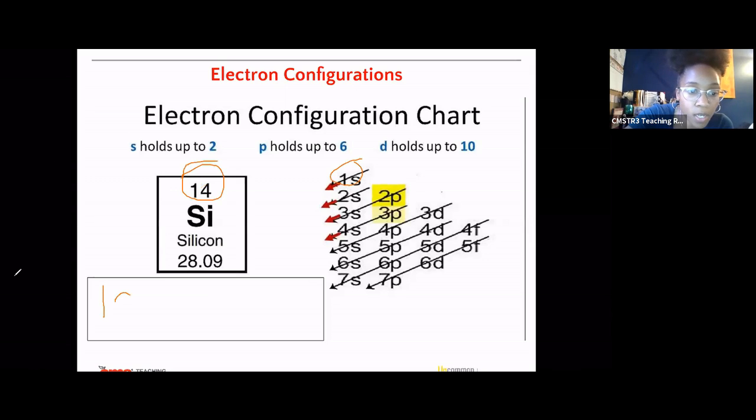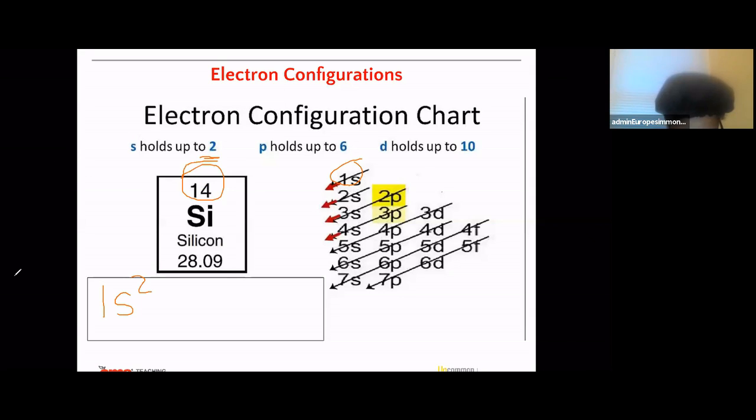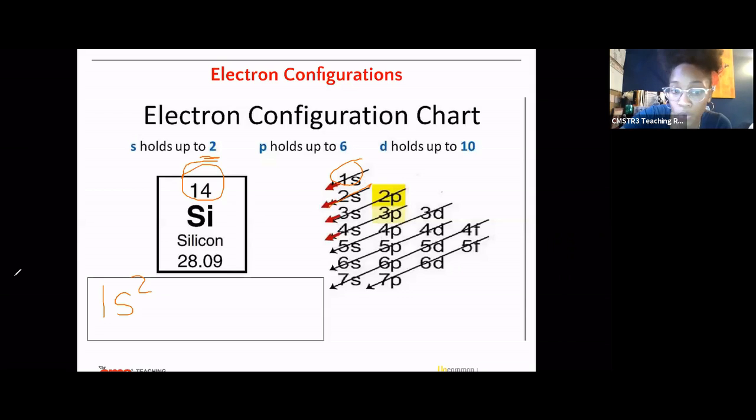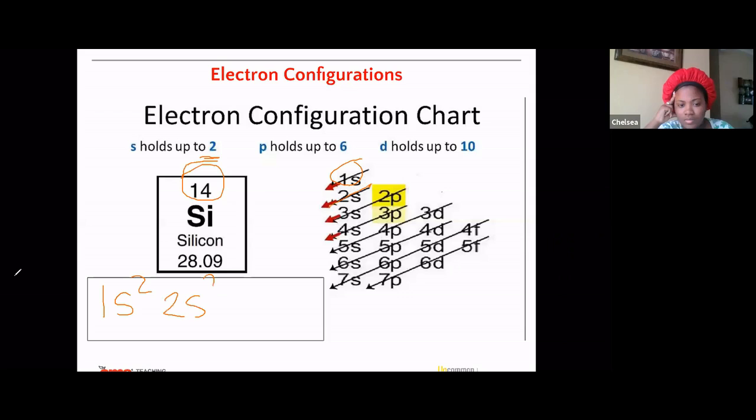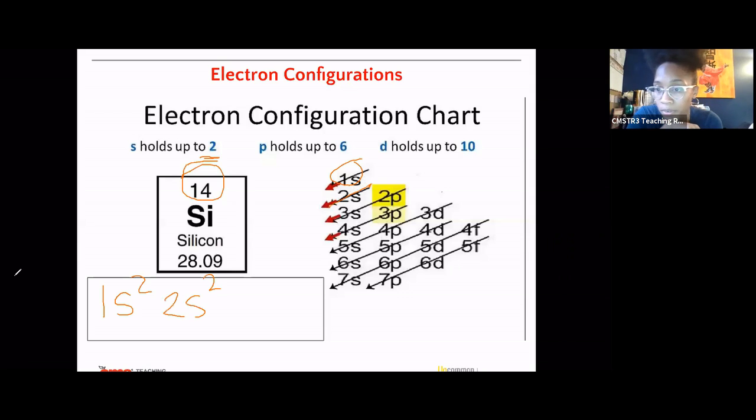And I'm gonna say 1s2, because every s holds 2 electrons. Okay. I start back over on my next row, and the only thing there is 2s. So next I have 2s2. How many electrons have I used already now? 4. And I still have 10 more to go.